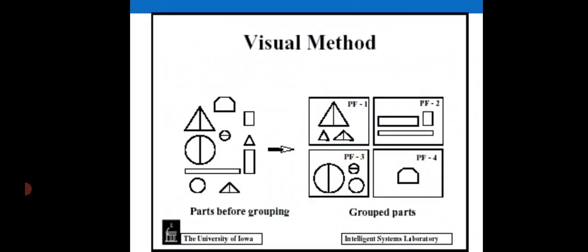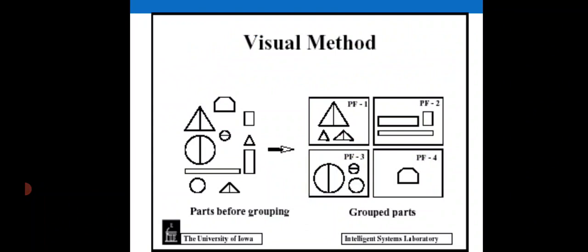This is another example. Here is a set of parts with dissimilar features. The first figure shows the parts before grouping. The second figure shows the grouping of parts. The first box shows the triangular sections grouped in one box, that is part family 1.